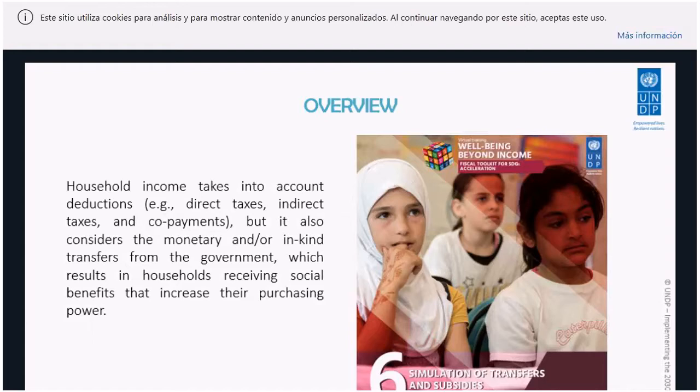So households have an income not only from labor or from non-labor sources such as remittances and private donations, etc., but also as benefits from the government. Depending on the socioeconomic conditions of households and individuals, they can receive direct transfers, which are usually in the form of cash, right?